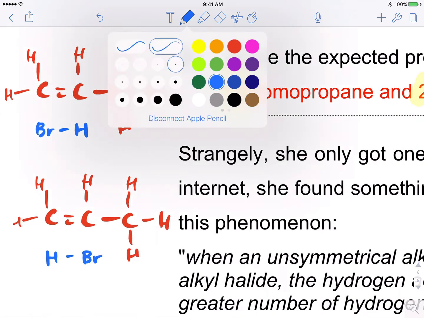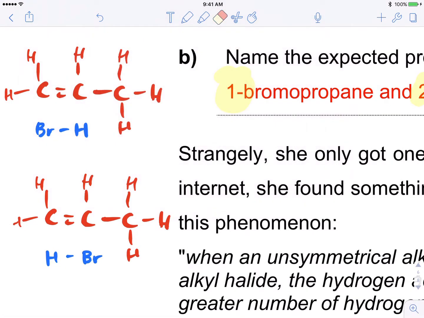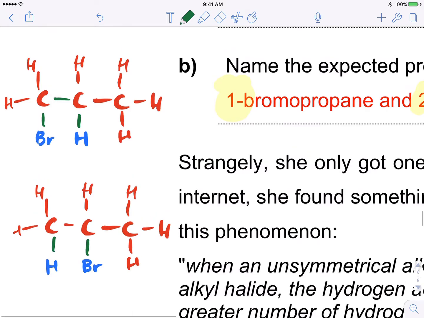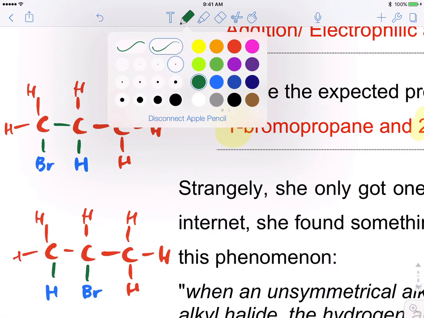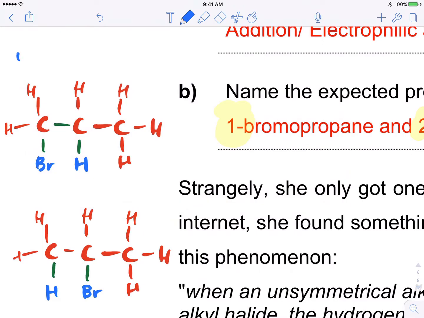Okay, either way, you should know that the type of product formed will be this, or this, right? So in the first case, this will be known as 1-bromopropane.